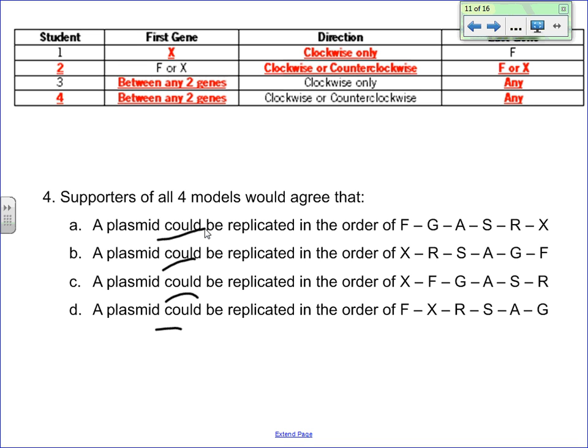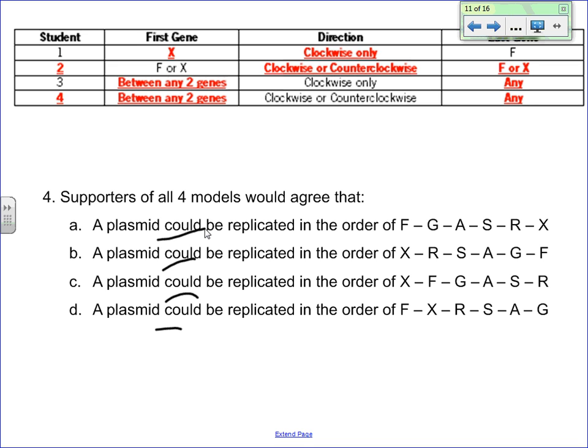Which student do you think is the pickiest student of all the students? Why do you say 1? Nice, fantastic. All right, student 1 is very specific about what she says has to happen inside of this. There's no ors, there's no ands, there's no possibilities. So the idea is that if we can get 1 to agree with it, we can probably make the other ones agree with it as well.